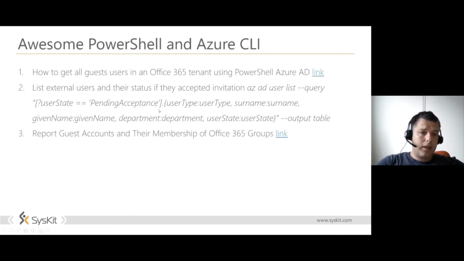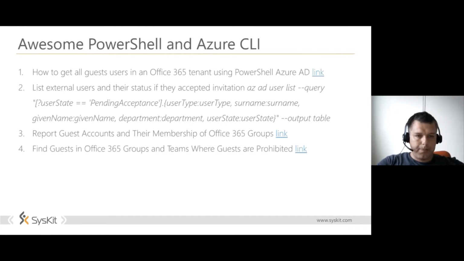Report guest accounts and their memberships in the Office 365 groups. So this is a really awesome script that I recommend, because basically it will list guest accounts and where they are members. If they are members of a few Office 365 groups, this script will basically tell you that.